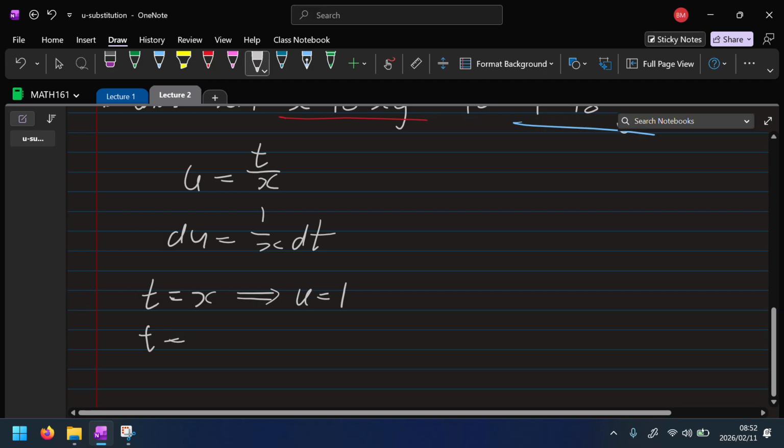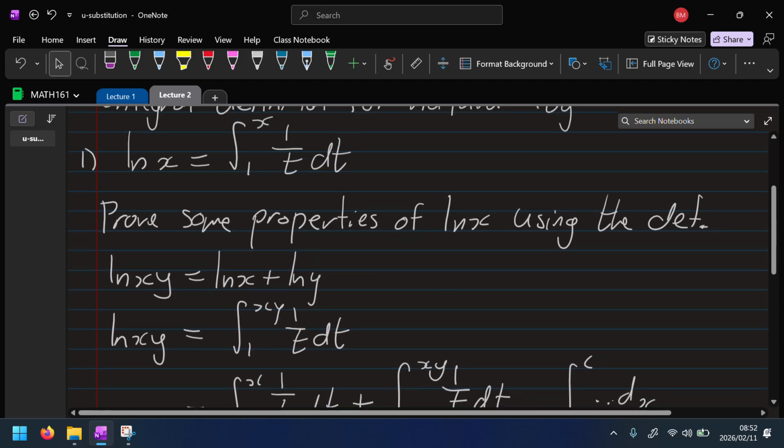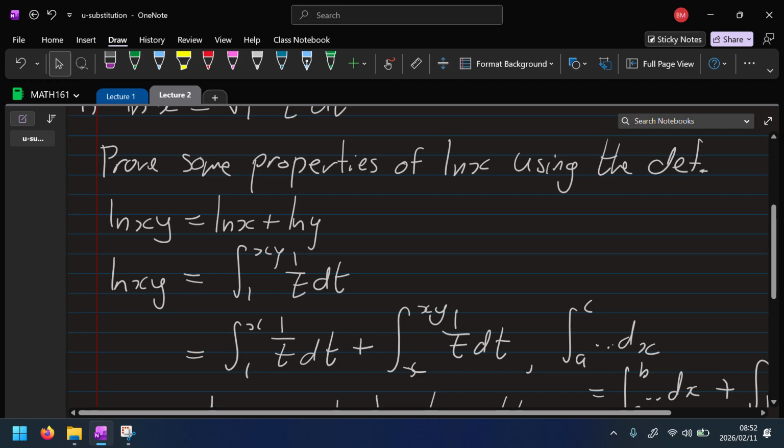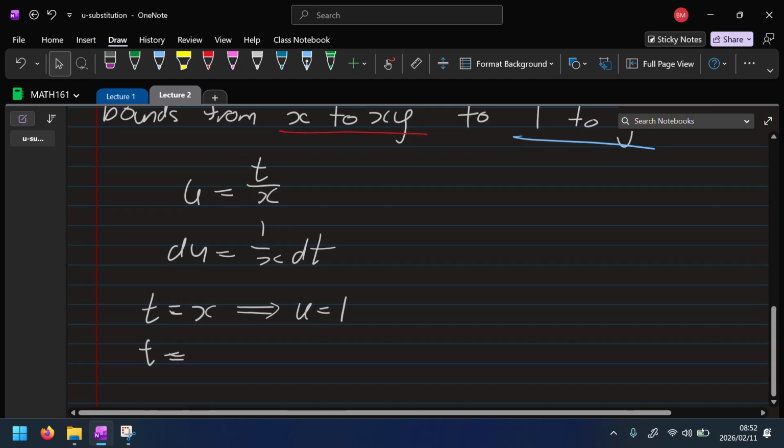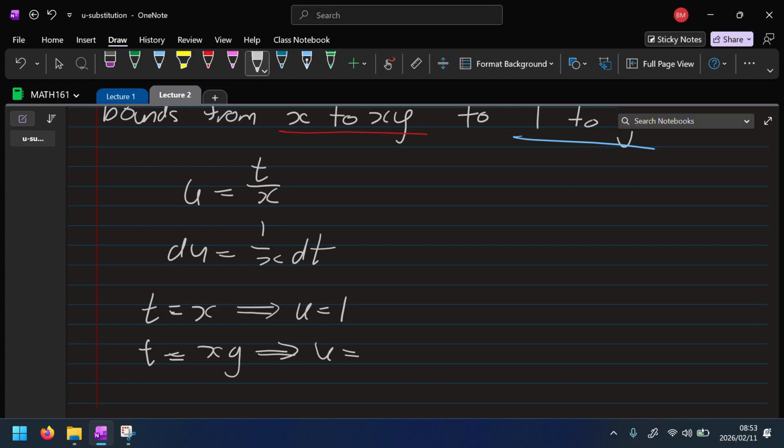The upper bound, if we go back here, was xy. We substitute that in. So u equals y. But this is exactly what we wanted, 1 and y. So that is the correct u substitution. So you can see it's actually correct.